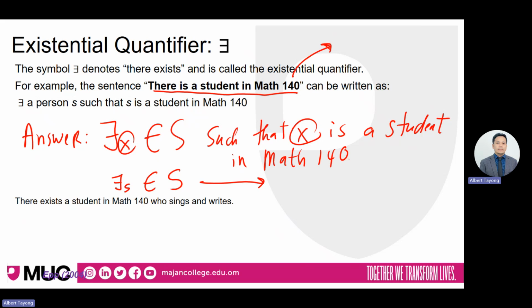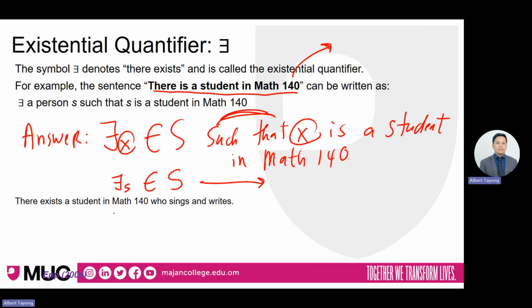It could be one or more, we don't know. But did we mention whether they sing, they dance, they write, they solve? No. So we use such that because all are nouns. There's a student in Math 140. Math 140 is a name of a subject, student, all nouns.